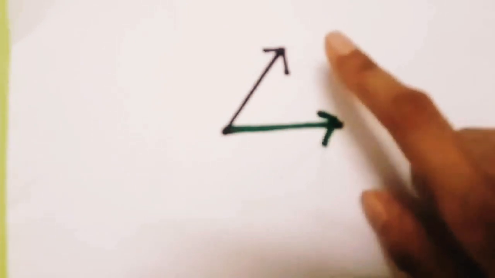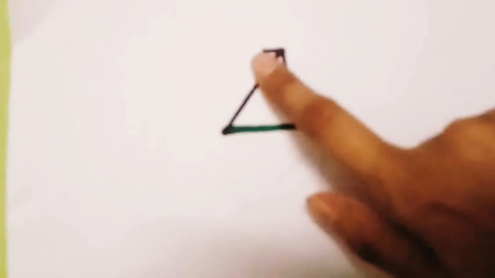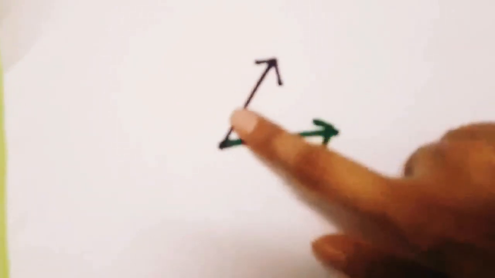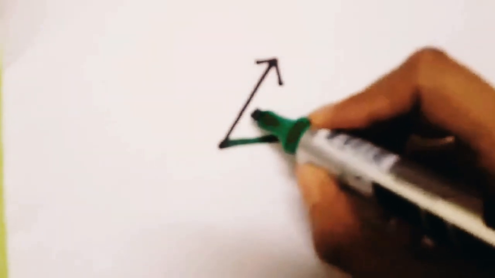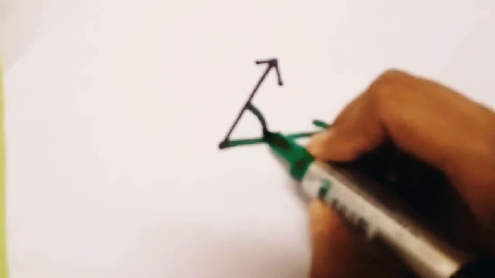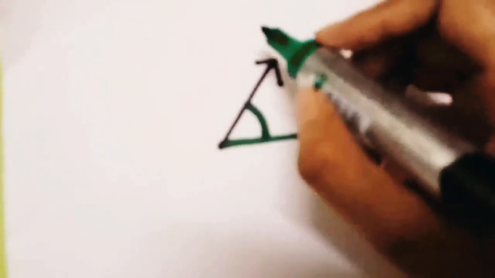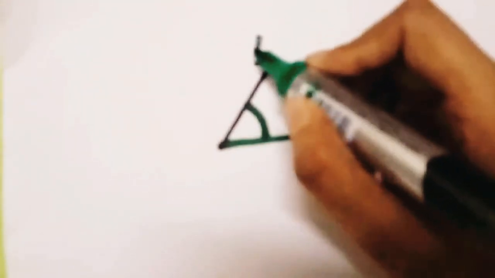If two rays meet at a point, it is called an angle. Geometrically we call this an angle. For explaining an angle we use this sign.